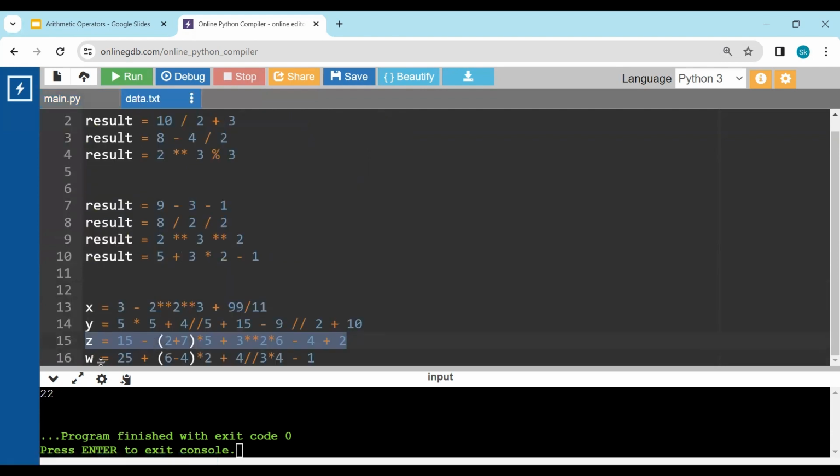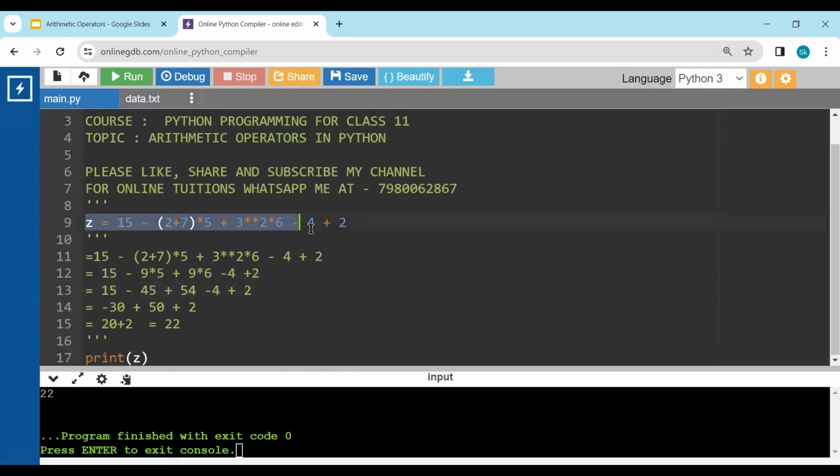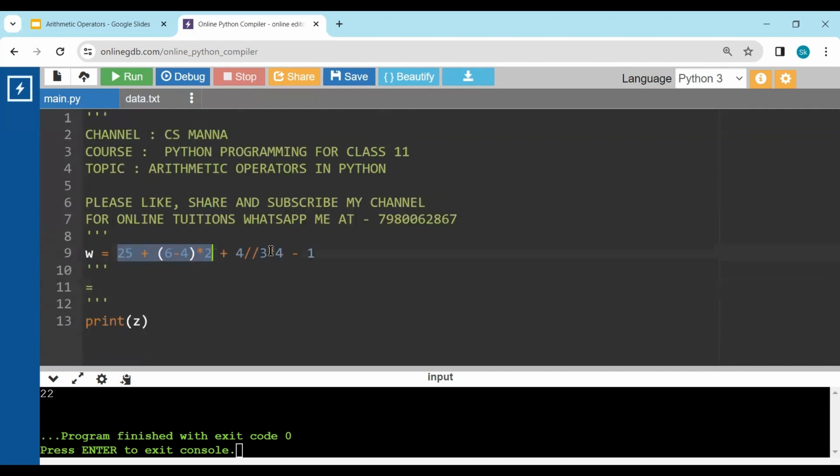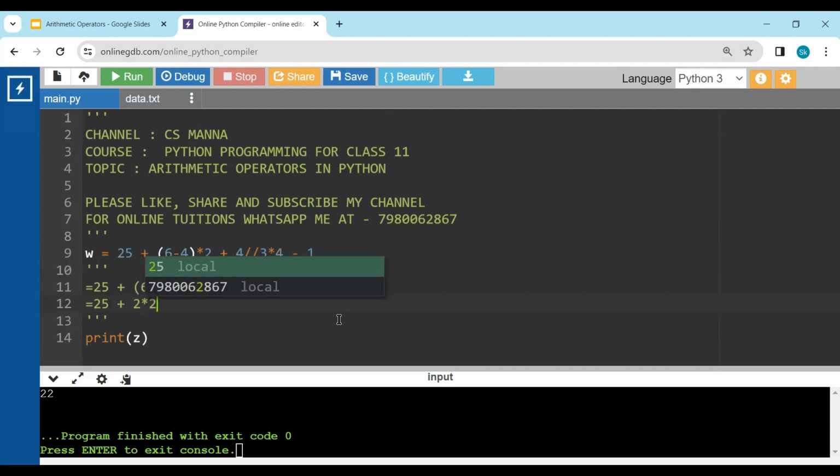And now the final one, which is this one. Here also brackets are there. So we will follow the brackets first. We'll evaluate the bracket first. 25, 6 minus 4 is 2 multiplied by 2, and plus 4, 3 into 4, okay, and minus 1.